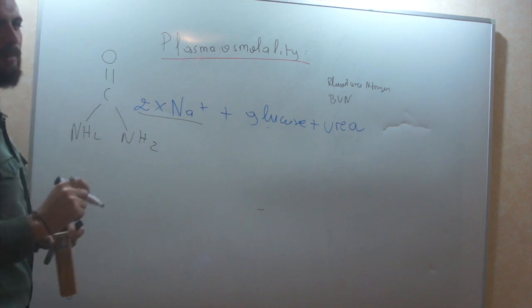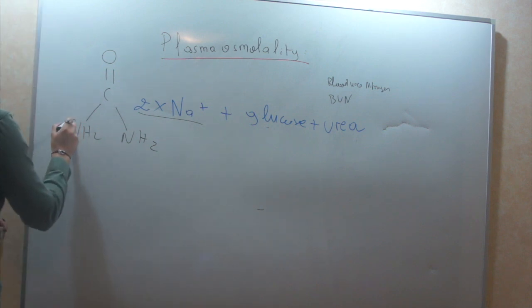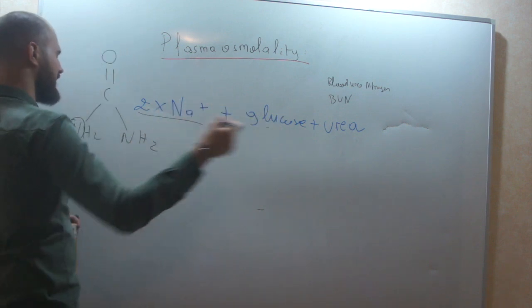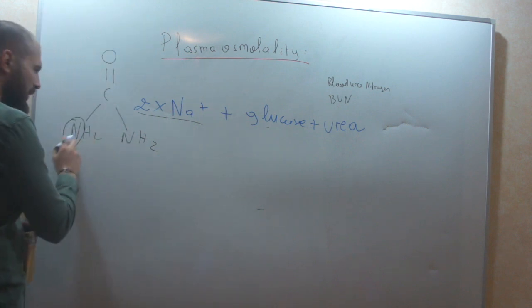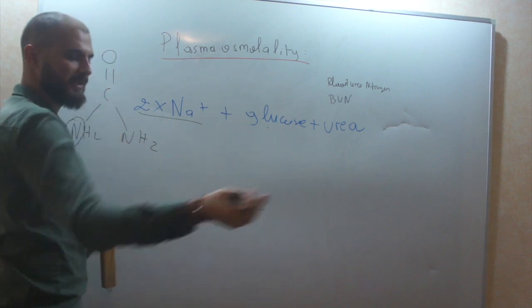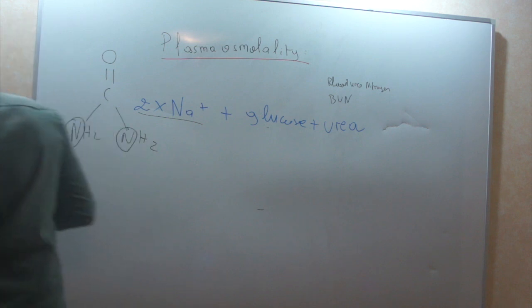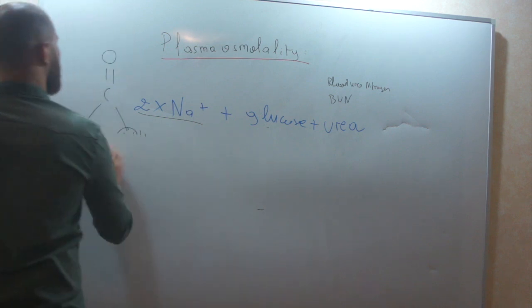That's blood urea nitrogen. So for the molar mass, because we will convert this, we have a value on the lab results, and we have to convert it into osmol. For the molar mass, as I said earlier, we will take into account just the nitrogen. So let's do it now.